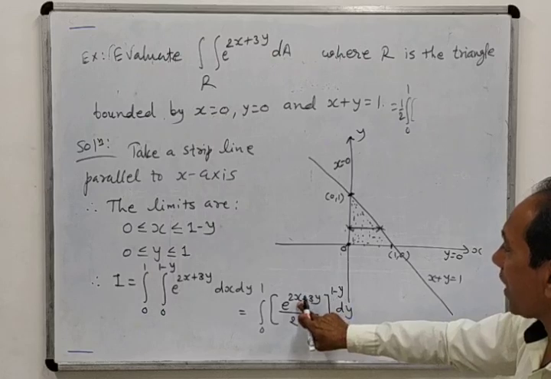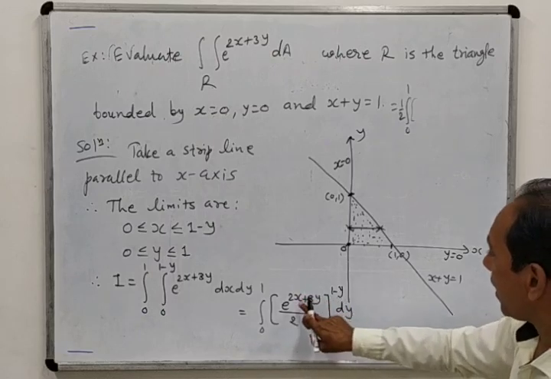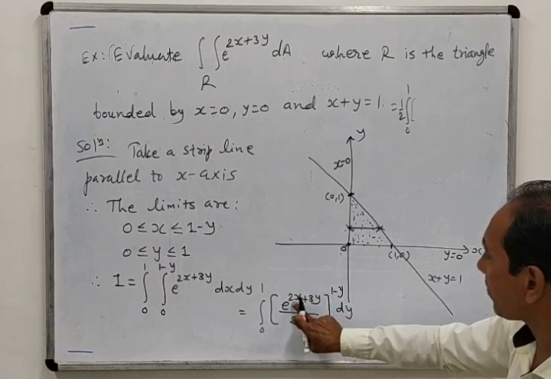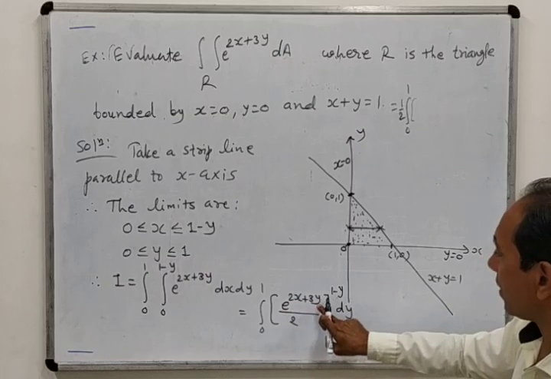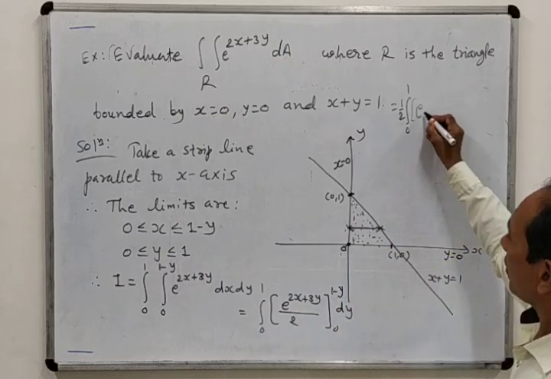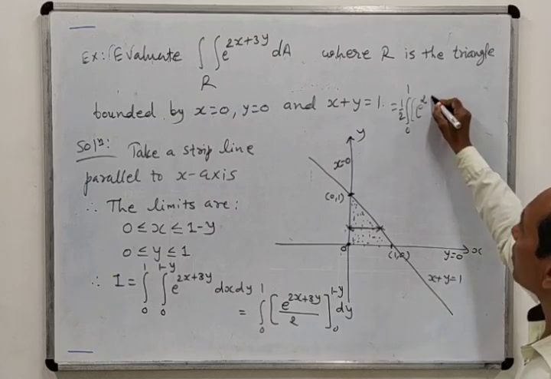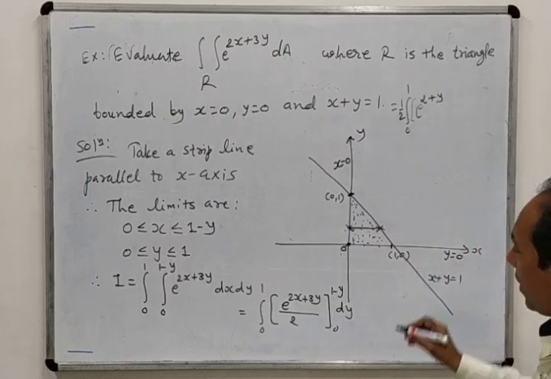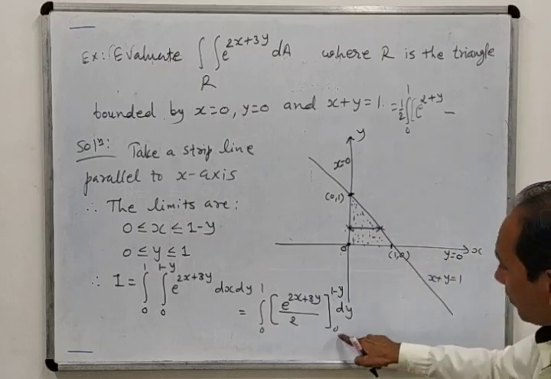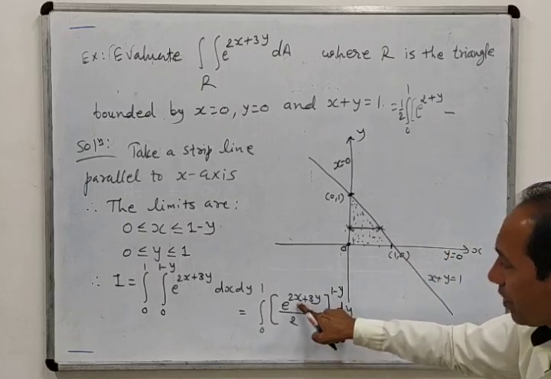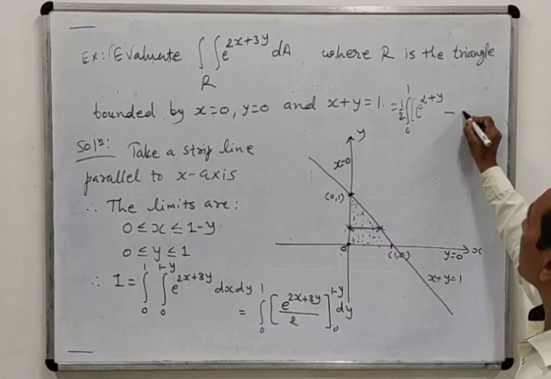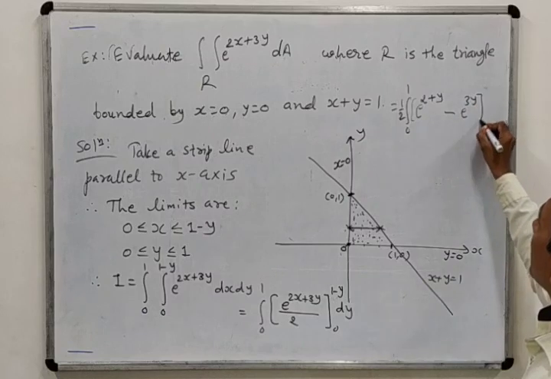So here we put x equal to 1 minus y, that means what will happen? 2 minus 2y plus 3y, that means 2 plus y. Okay? Then here is minus, we will put x equal to 0. If we put x equal to 0, it is nothing but e raised to 3y dy.